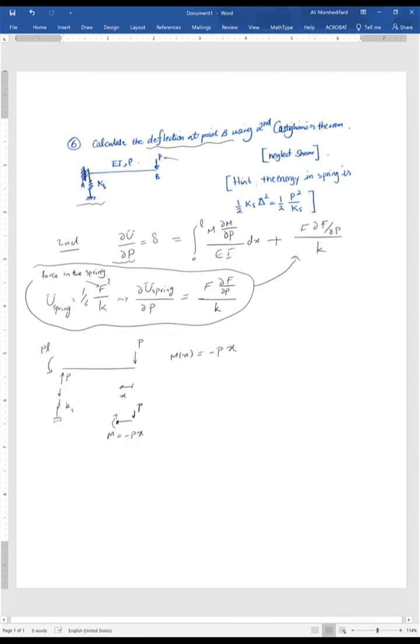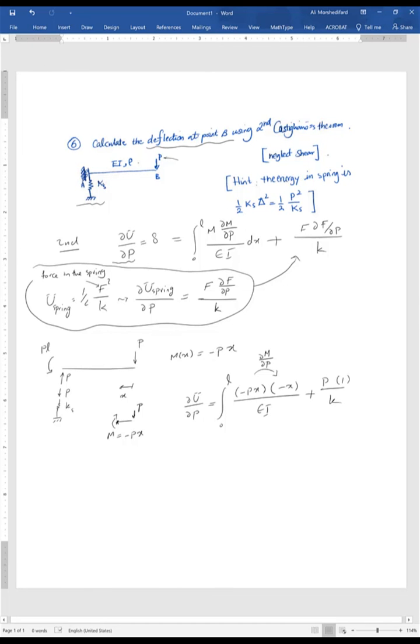So now we can easily use the formula: partial U partial P equals the integral from 0 to L of M times the derivative of M with respect to P, which is negative x, over EI, plus, now we found that the force in the spring is actually P, so we write P partial F partial P, which is 1, over K.